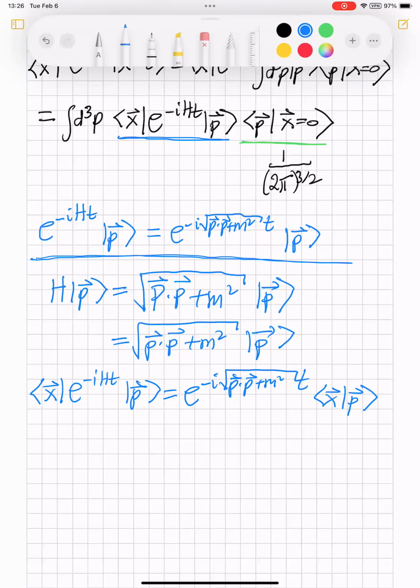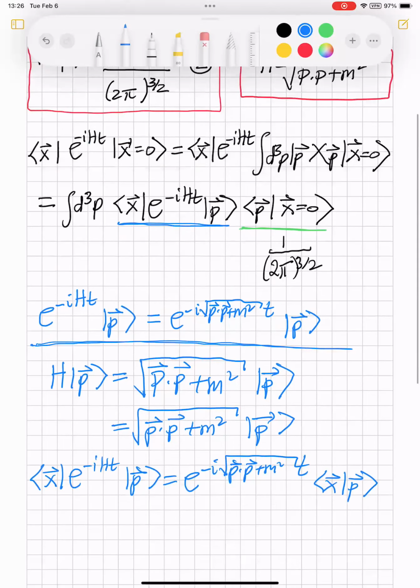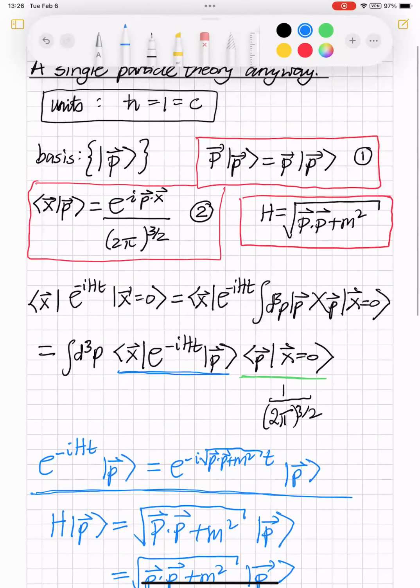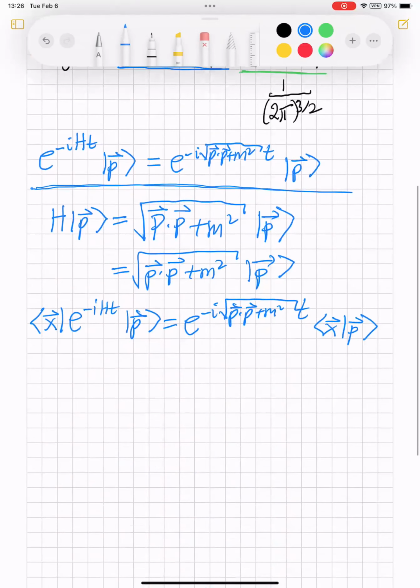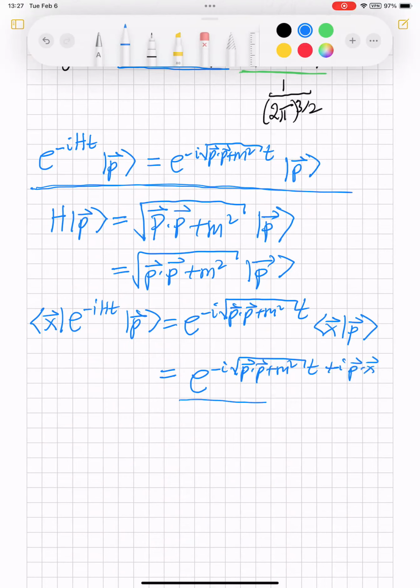And then I get the overlap between x and p. But the overlap between x and p is given by equation 2. It's just e to the ip dot x over 2 pi to the 3 over 2. So we land up with e to the minus I square root p dot p plus m squared t plus I p dot x over 2 pi to the 3 over 2.